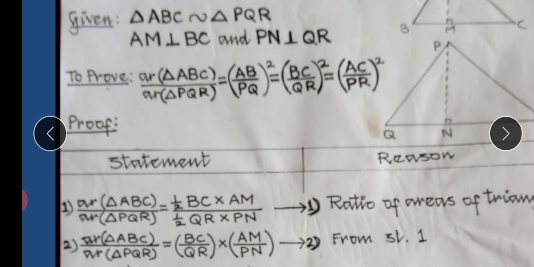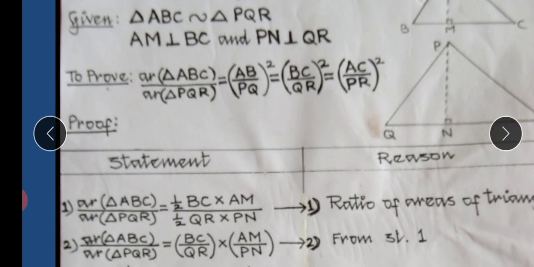Area triangle ABC upon area triangle PQR. We will go to the definition of area of triangles. Half base into height, half BC into AM upon half QR into PN. Half gets cancelled. And now you can see here BC upon QR into AM upon PN.